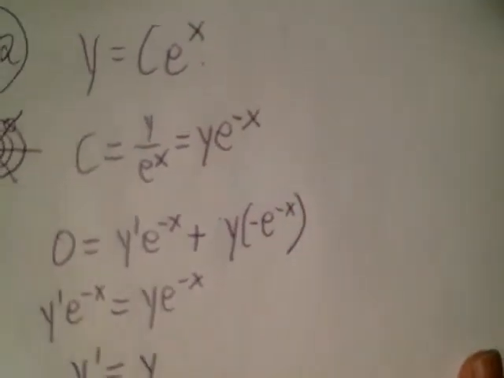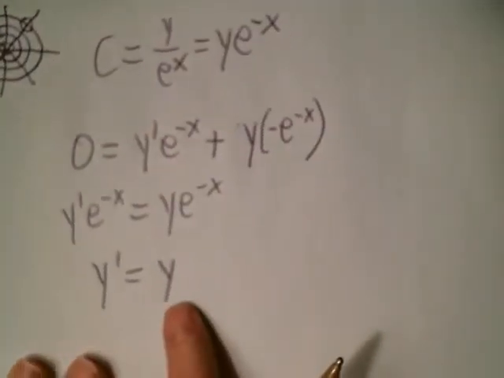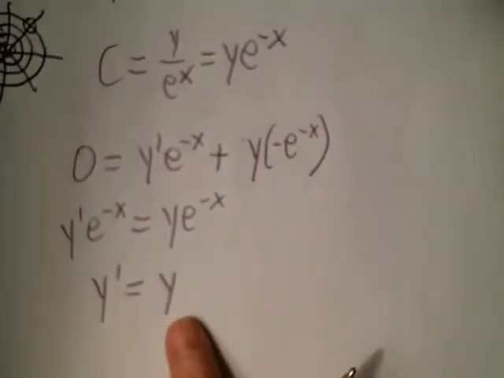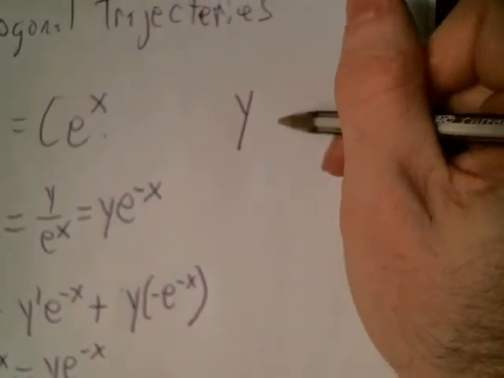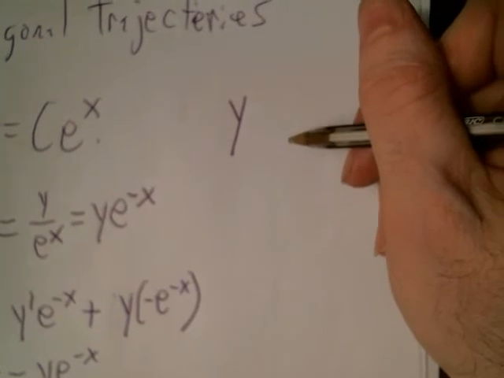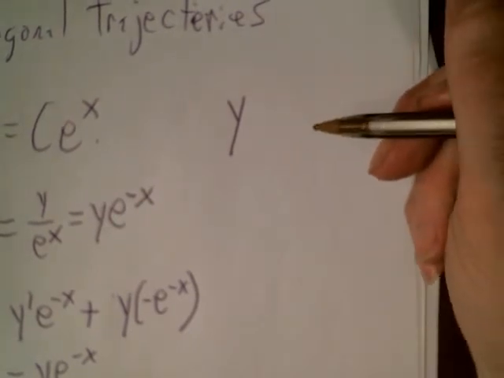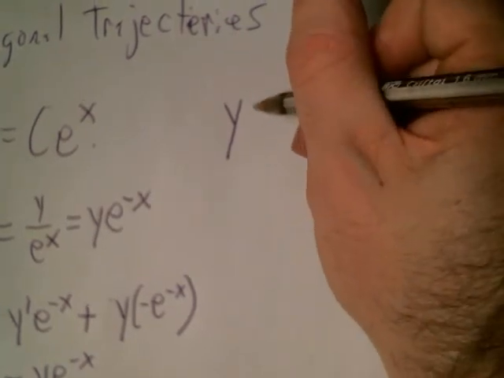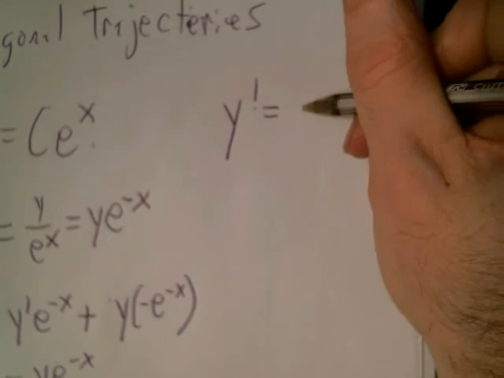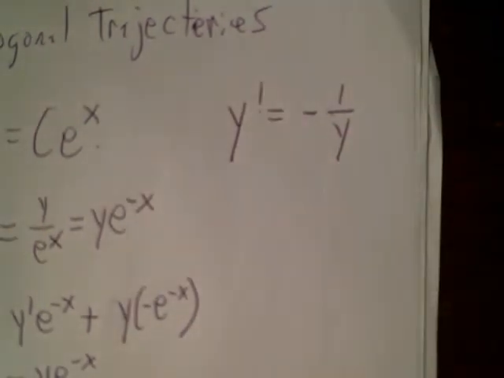To get the differential equation for the orthogonal family, you just take this and take its negative reciprocal, which may sound familiar to you. That's the slope of a line that's perpendicular to a line with given slope m: negative 1 over m, the negative reciprocal, right? So this new family will be y prime equals negative 1 over y, and then we solve this differential equation.